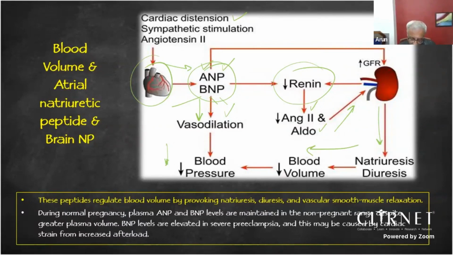Okay. So during normal pregnancy, plasma ANP and BNP are maintained in the non-pregnant range despite greater plasma volume. But BNP levels are elevated in severe preeclampsia, and this may be caused by cardiac strain from increased afterload on the heart. Okay.